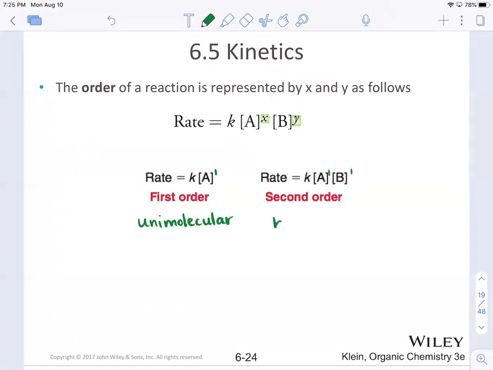This is called bimolecular. Your book does go into third order reactions. We're not going to do third order. We'll talk about first order and second order a lot. And that's primarily the ones that we'll see in this semester and in the first year of organic chemistry. And so just ignore third order. It is an omit right now from our textbook.